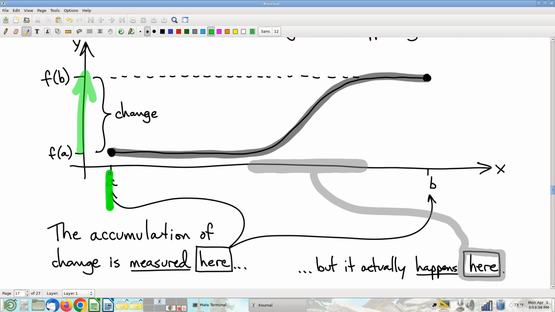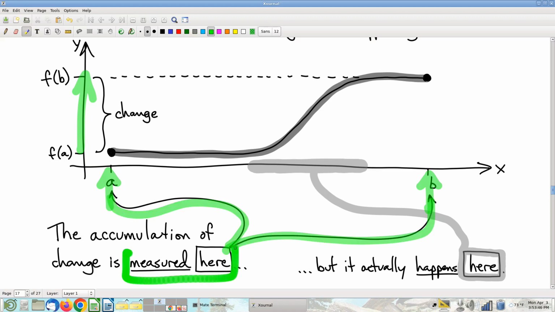It's computed by literally looking at f of B and f of A and subtracting. The formula for change, f of B minus f of A, looks at the endpoint and the starting point. That's the boundary. It's computed on the boundary.